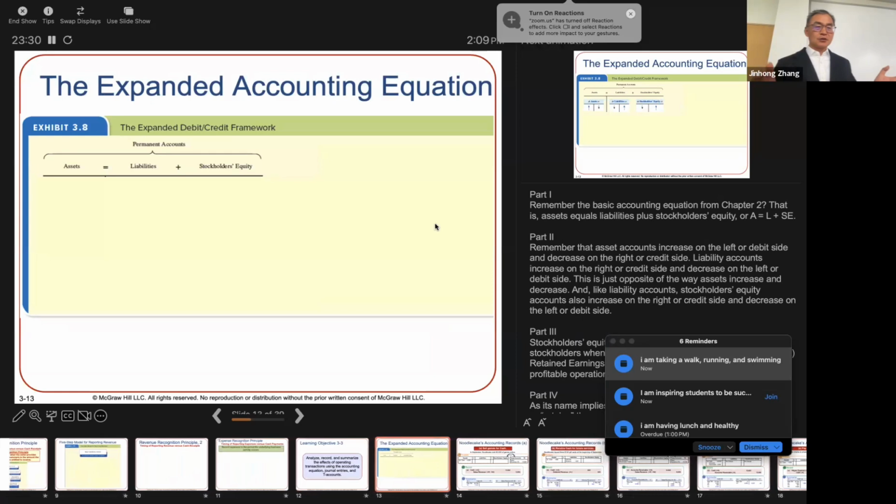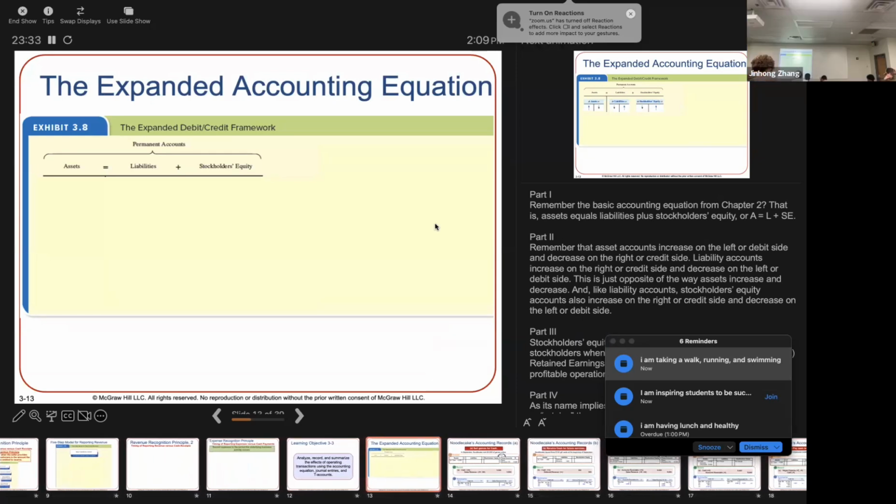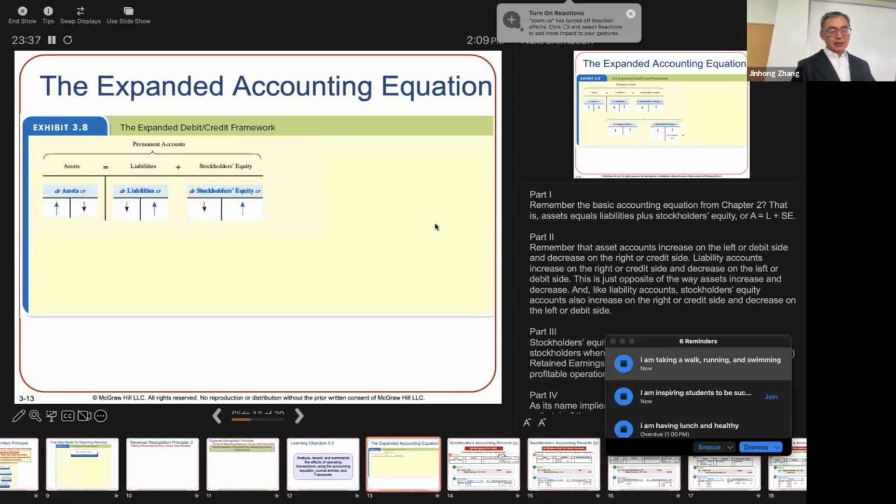So remember, we have the assets equal liability plus the stockholder equity. The assets increase on the debit side. The liability and the stockholder equity increase on the credit side, and decrease on the debit side.